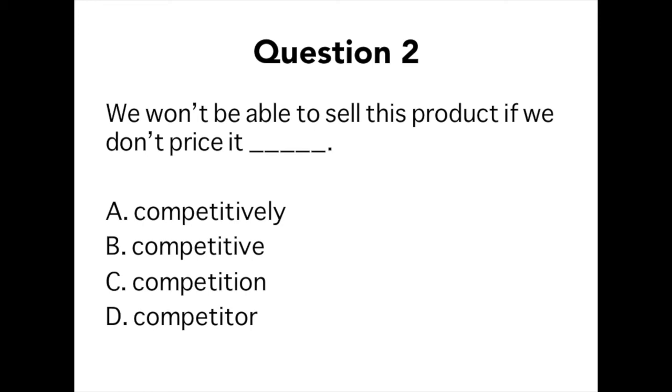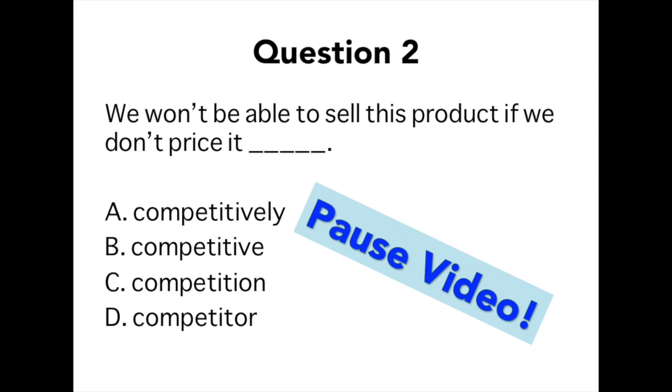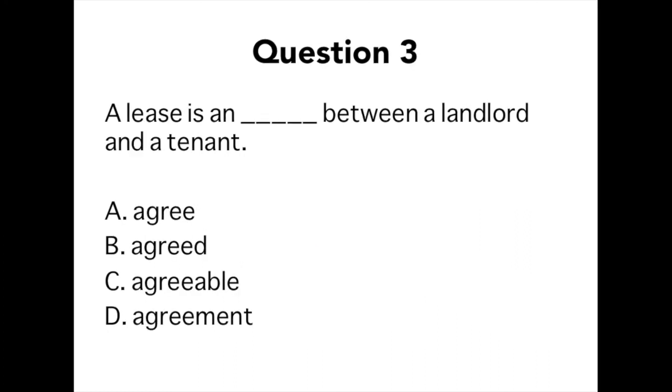A, competitively, B, competitive, C, competition, D, competitor. Question 3. A lease is an blank between a landlord and a tenant. A, agree, B, agreed, C, agreeable, D, agreement.